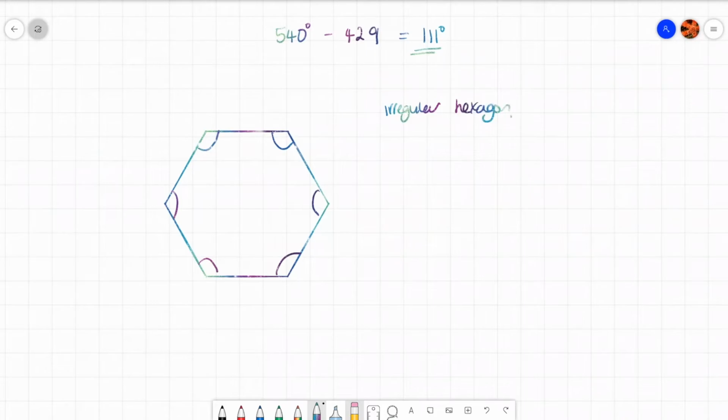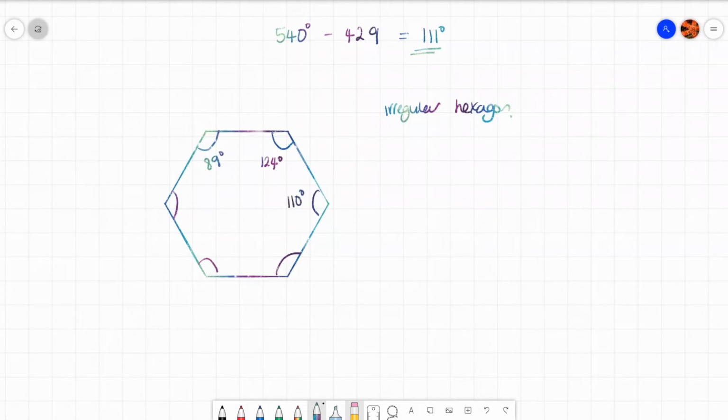Okay, so let's write down the angles in this shape. Let's say that's 89 degrees plus 124. I'm going to say that one is 110.